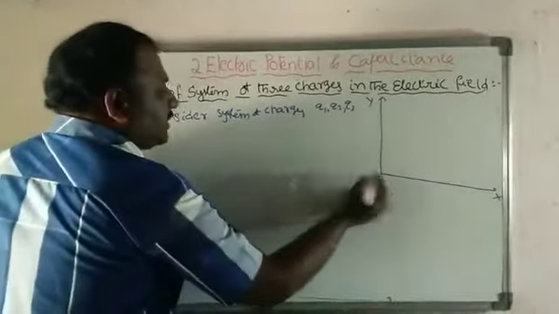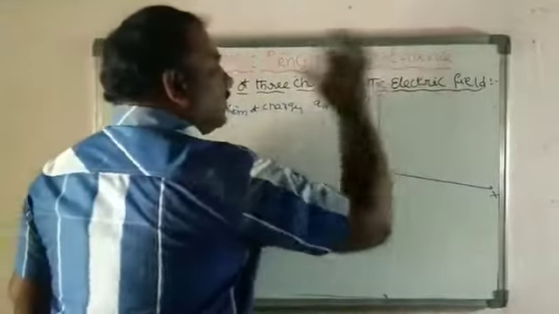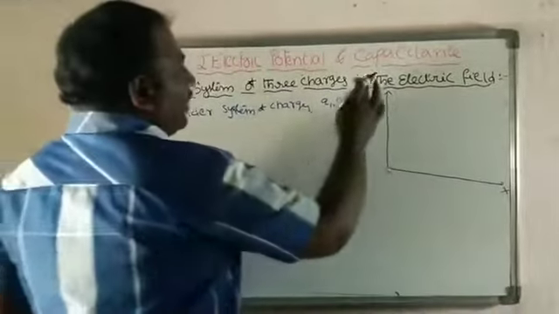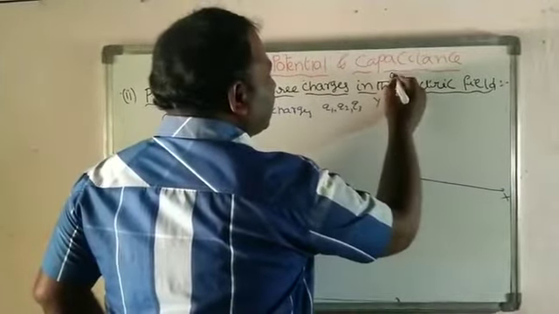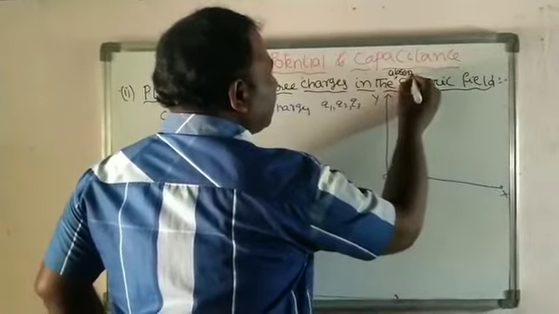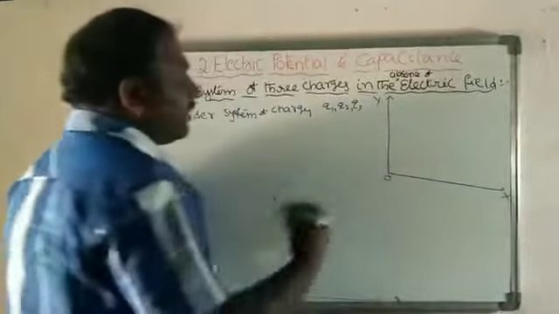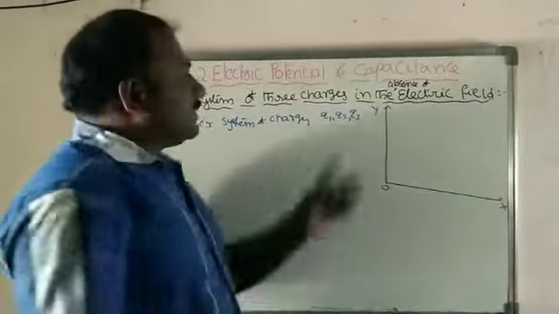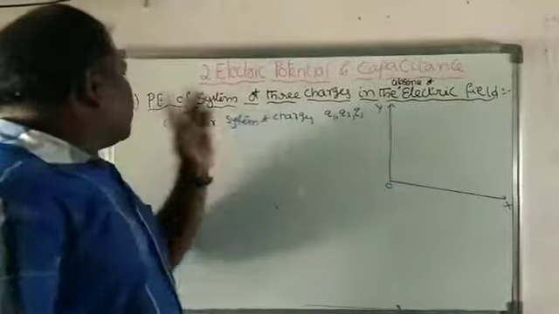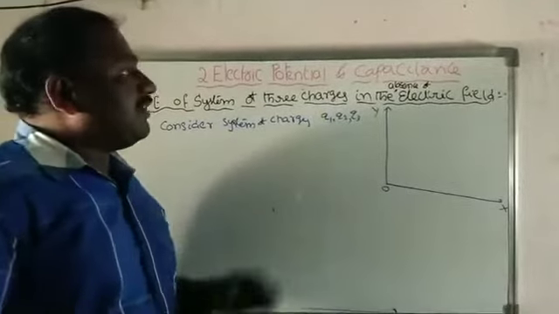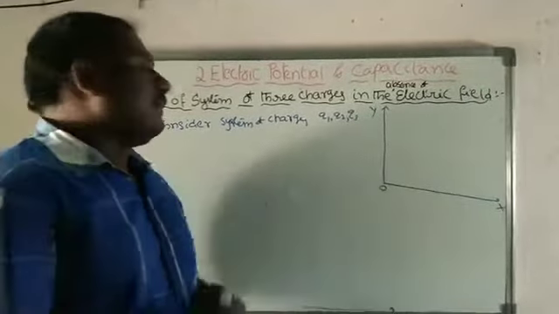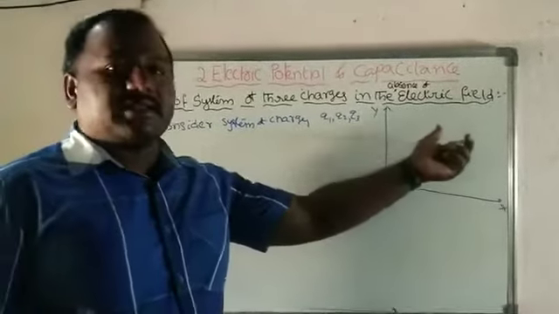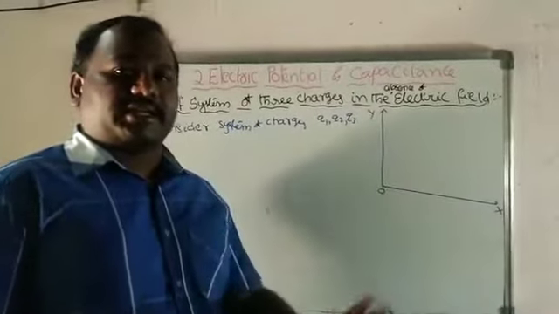Now, this derivation is for the absence of electric field. In the next we derive it in an electric field also. Now this is the potential energy of a system of three charges in the absence of electric field. I consider the three charges Q1, Q2, Q3, and the region has 0 electric field.